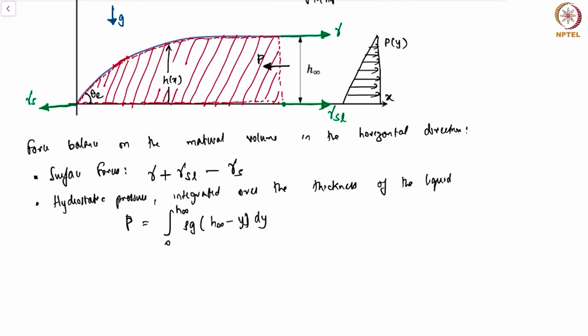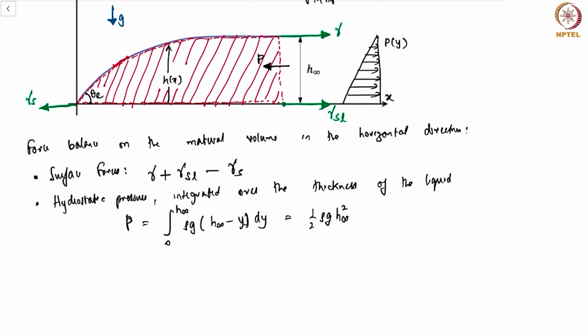So if you notice here, when y equals H infinity, at the very top, the pressure goes to 0, because I'm only interested in the difference in the pressure. The atmospheric pressure above only adds a constant value which can be ignored. But if you go to the very bottom, the pressure at the bottom, that is on the solid surface, will be rho g H infinity. So now I have to integrate this going from the bottom to the top, and this essentially gives me half rho g H infinity squared, correct?